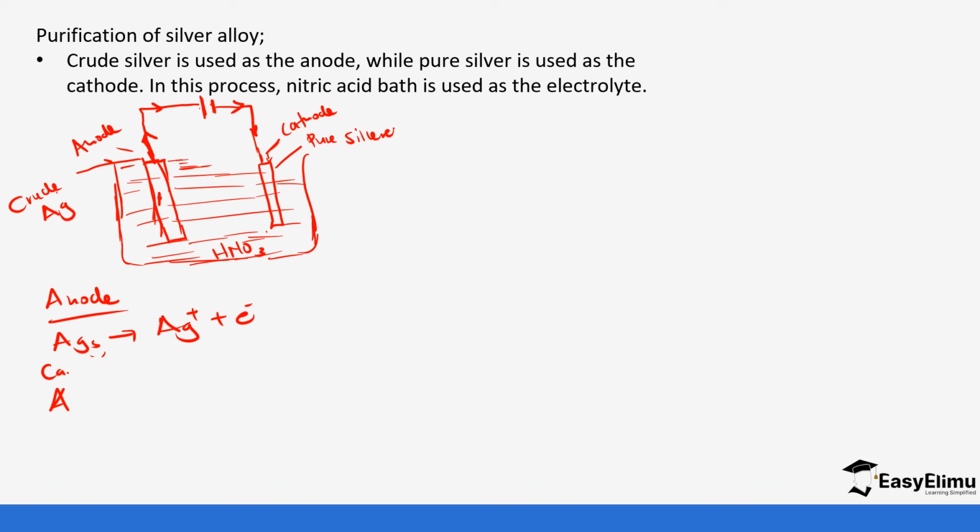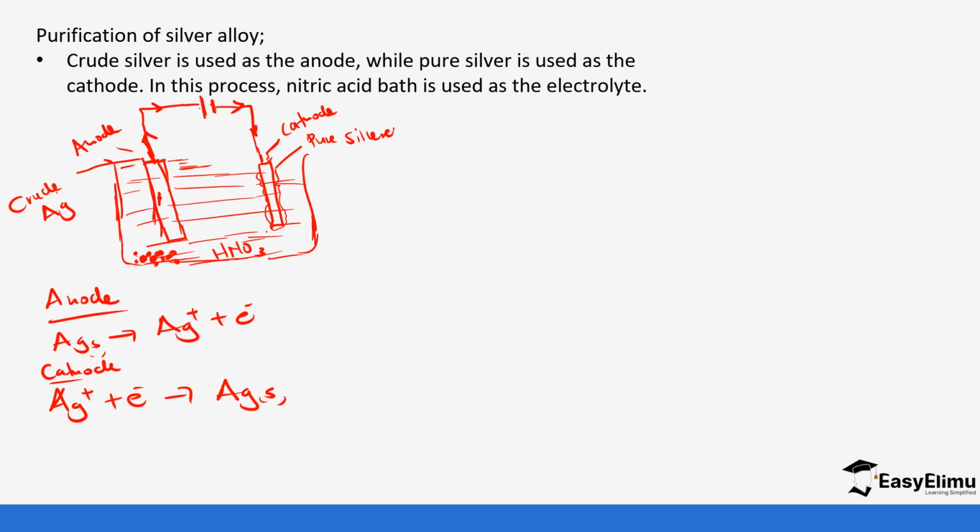So at the cathode, the silver ions in solution gain those electrons to form silver solid. That silver solid is deposited on the pure silver. With time, you're going to notice some deposits at the bottom. We call them the sludge of the impure substances that were in the silver.